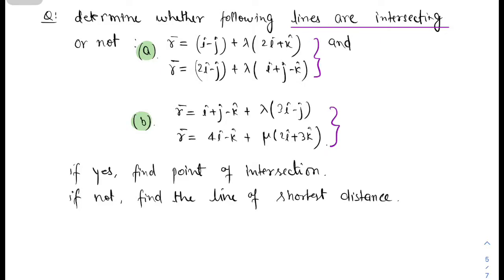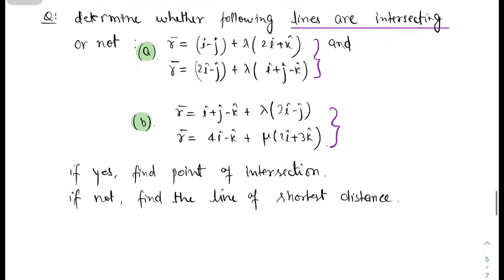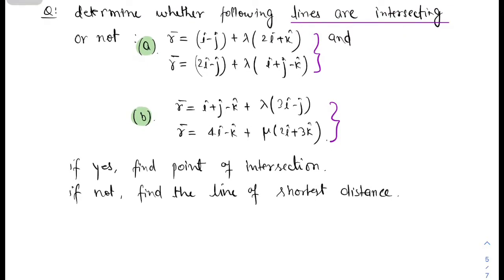Whether lines are parallel or not, there is no need for calculation. We can easily observe the parallel vectors, 2i plus k and i plus j minus k, and say the lines are parallel or not. I can say the first set of lines are not parallel.